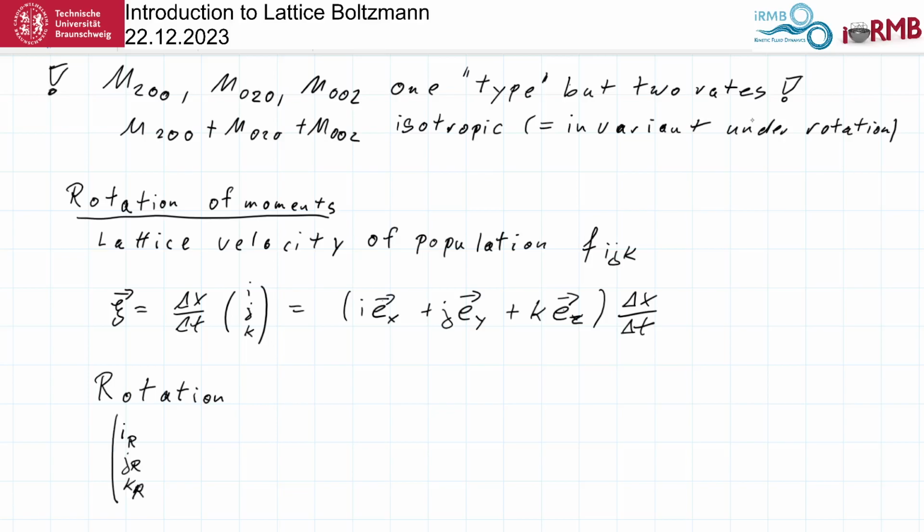So R indicates that this is a rotated vector, and we can impose this rotation by multiplying the unit vectors with a rotation matrix. So this R is a rotation matrix, not specified how it looks. So j times the same rotation matrix, plus k times the rotation matrix.